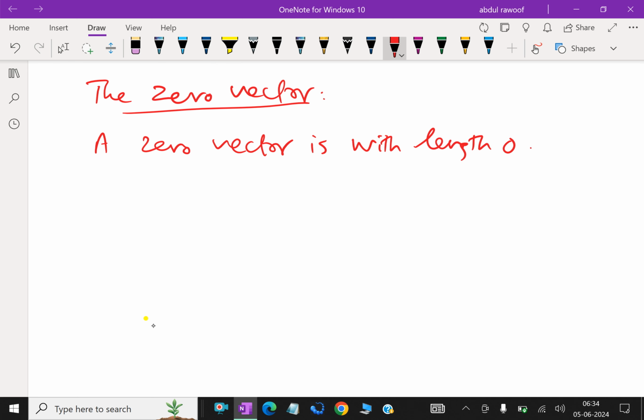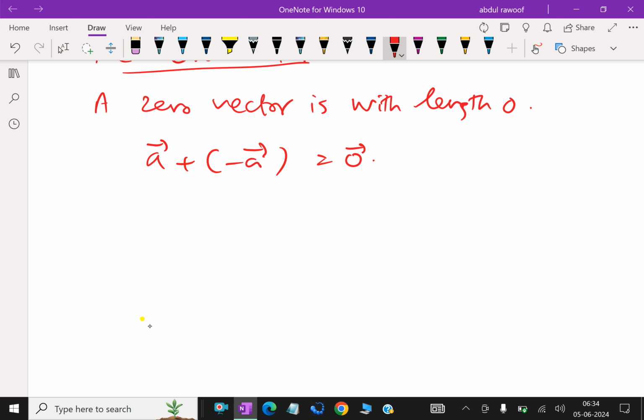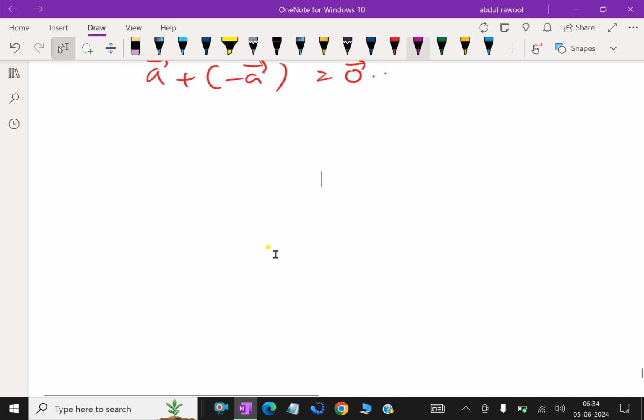That means its magnitude is 0. Therefore, we can say vector A plus the negative of that vector A gives the zero vector. So any vector added to its negative vector gives the zero vector. Now vector subtraction.